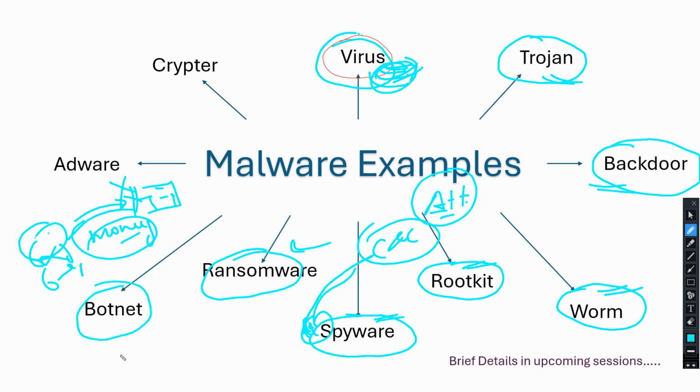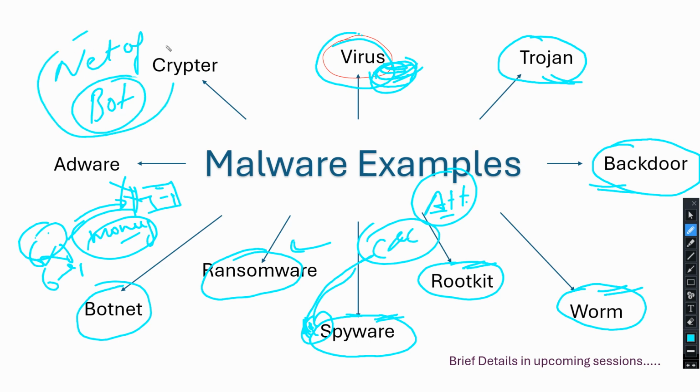Botnet. As I told you, a botnet is basically a net of bots, a number of bots in a net. That is called a botnet. It is used mostly for distributed denial of service. Then we have adware.